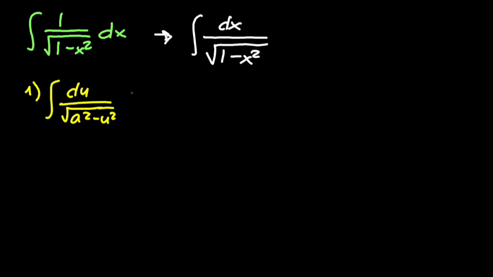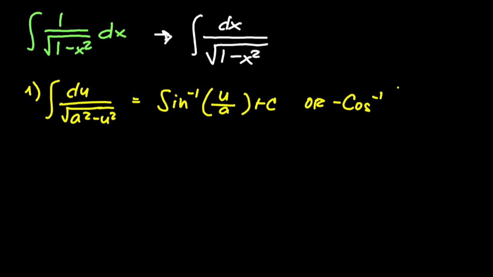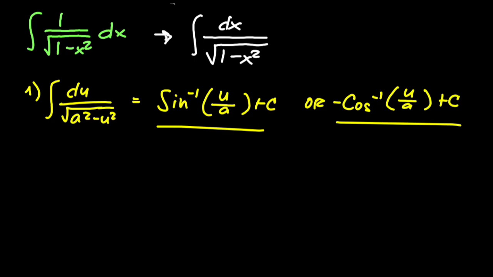Now, according to the formula, this would be equal to arcsine multiplied by u over a plus c or negative arccosine multiplied by u over a plus c. You can choose any of these as your answer.